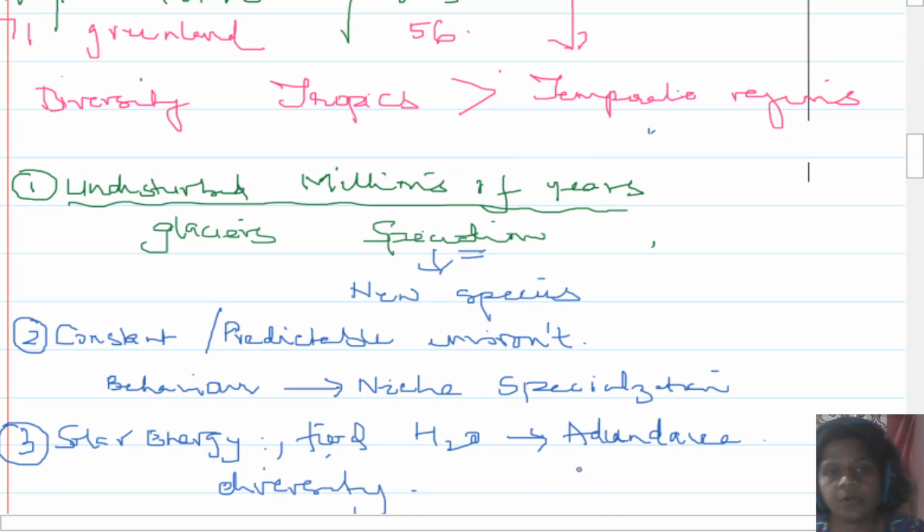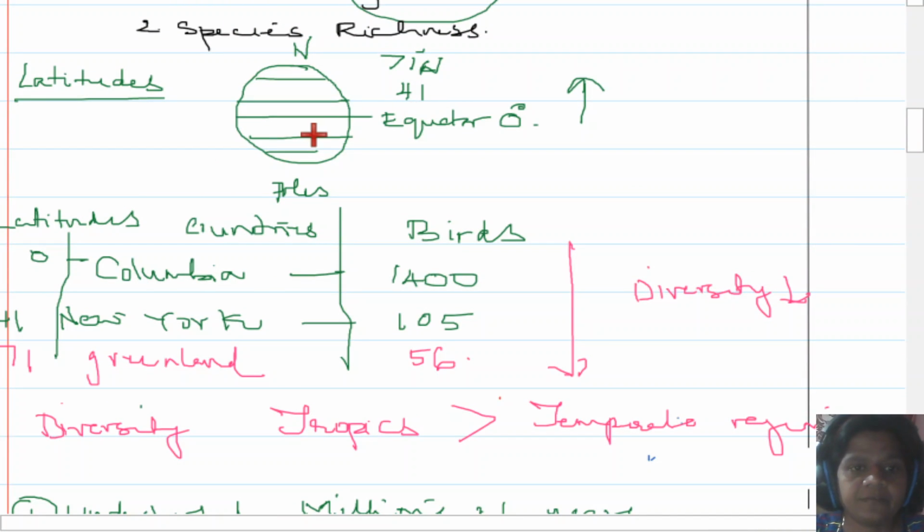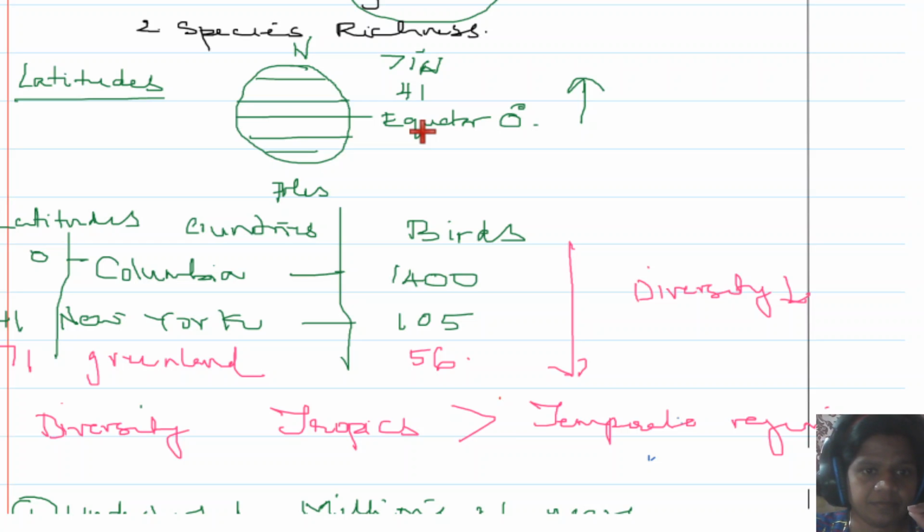To go over it one more time: as you go from the tropics to the temperate zones or the poles, the diversity goes down, and it's the other way if you come from the poles towards the equator. Get it right, whether you go from the equator up or from the poles down.